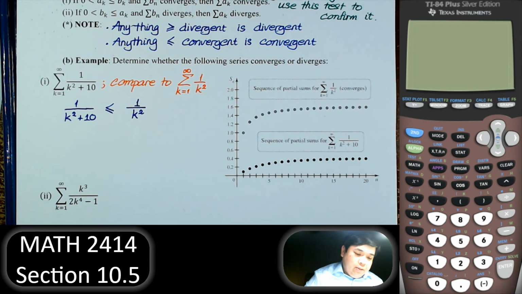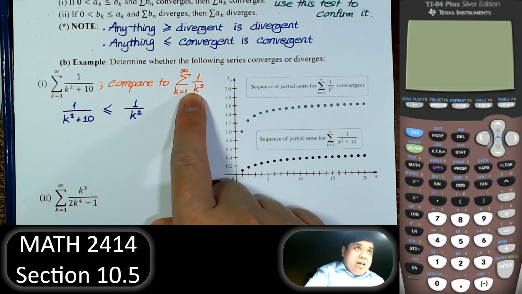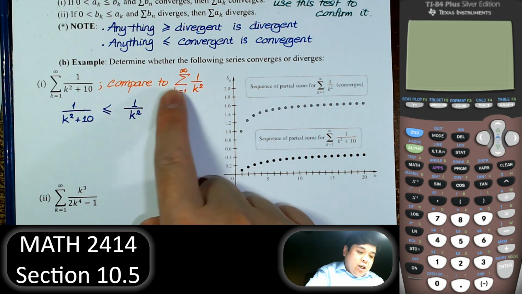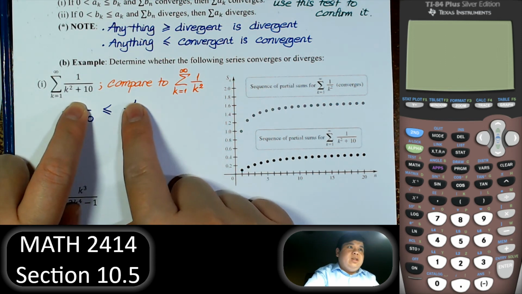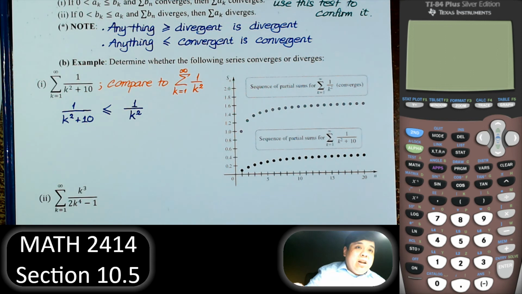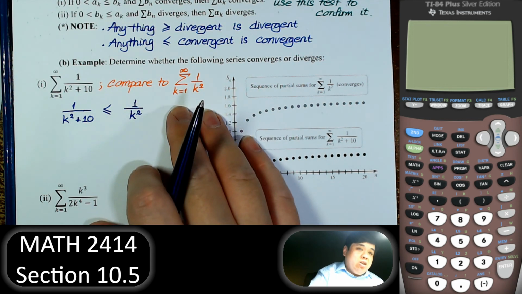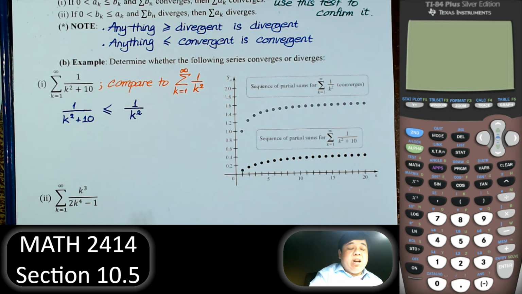Now, this one is a P series, which is convergent. Anything less than convergent is also convergent. So usually when we come up with the series to compare to, the rest is very easy to prove.